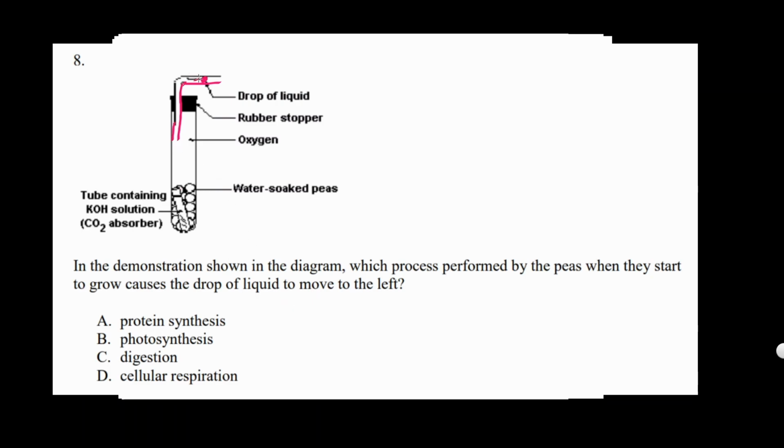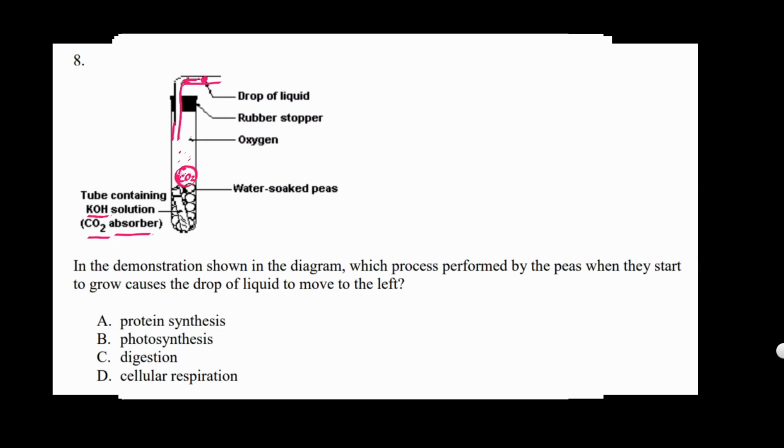Okay. The only reason why this drop of liquid moves to the left is that when the air here, whatever the gas it is, is sucked in. Now we got KOH, potassium hydroxide solution, that acts as a carbon dioxide absorber. So these peas, when they do cellular respiration, are going to produce a lot of carbon dioxide, right?